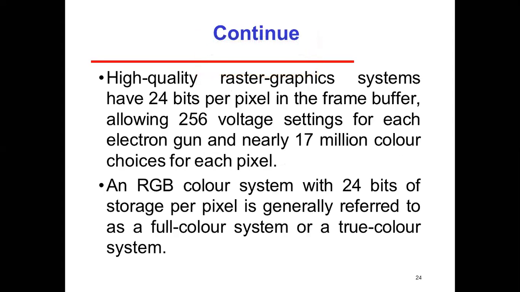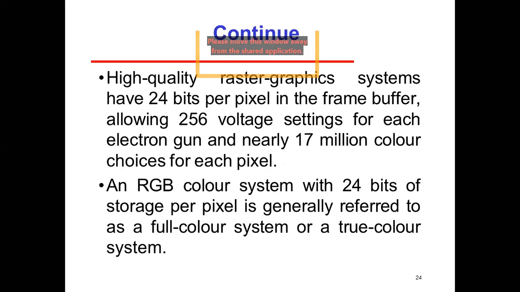High quality raster graphic systems have 24 bits per pixel in the frame buffer, allowing 256 voltage settings for each electron gun. So the voltage is set to 256 levels for each electron gun, and nearly it gives 17 million colors for each pixel.